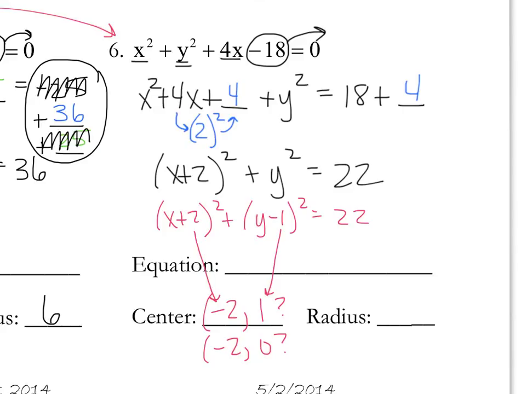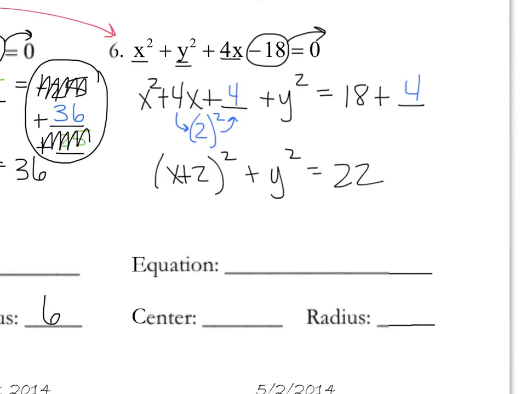I'm confused where the confusion is coming from, but that is not what we're doing here. So not this, not this. I'm going to erase all of this stuff so I can go back. That would be the equation for negative 2 comma 1. You have to have a 1 in there for the center to be shifted left or right 1, or up or down 1. Because there's no number there, it's a 0, so we have to use our second option. Hopefully that didn't confuse anybody.